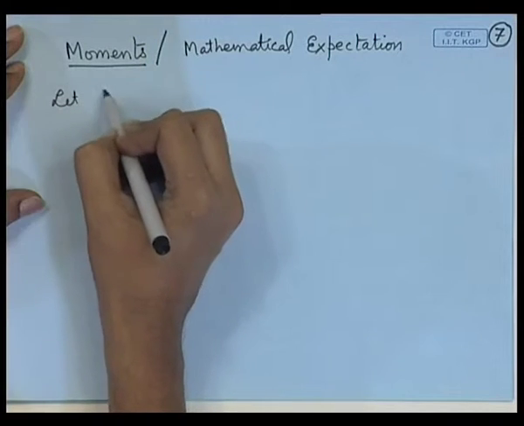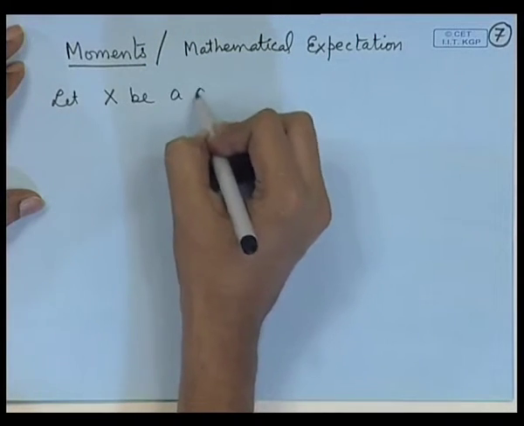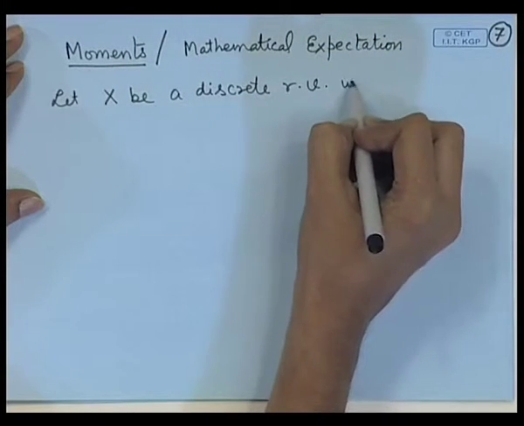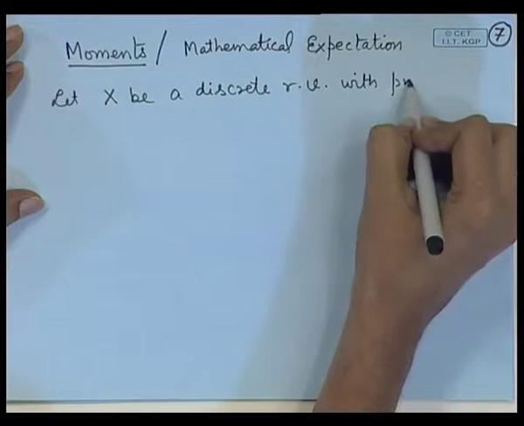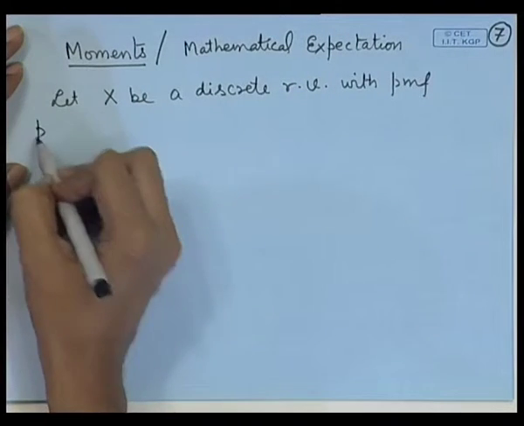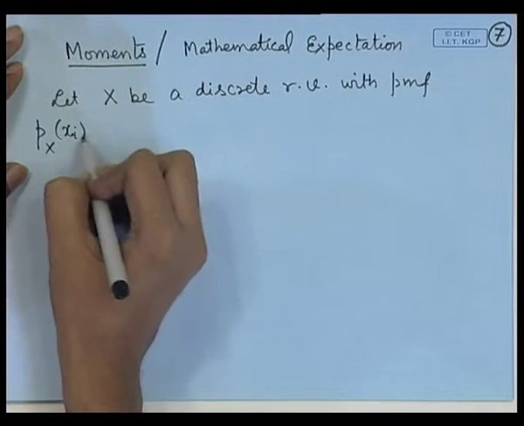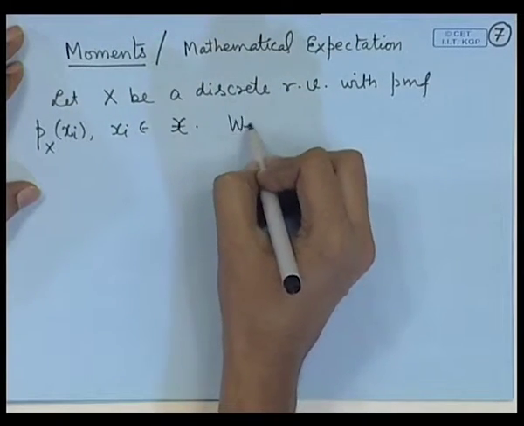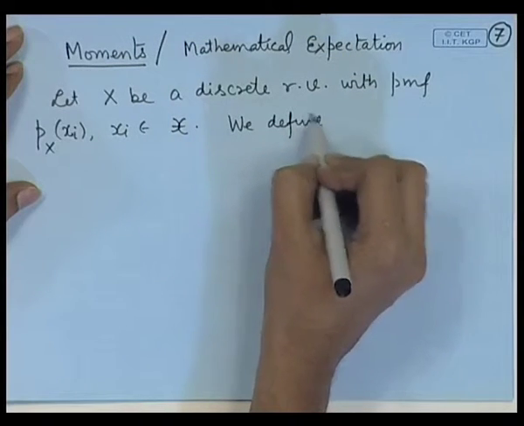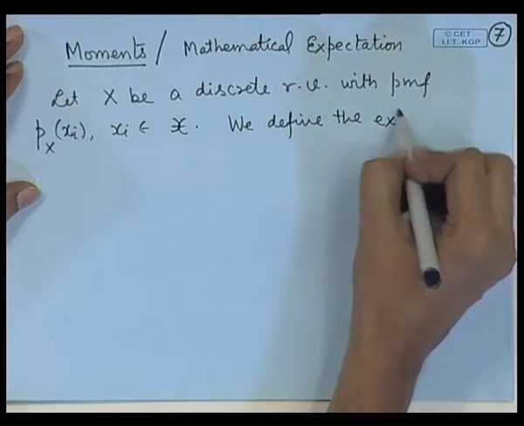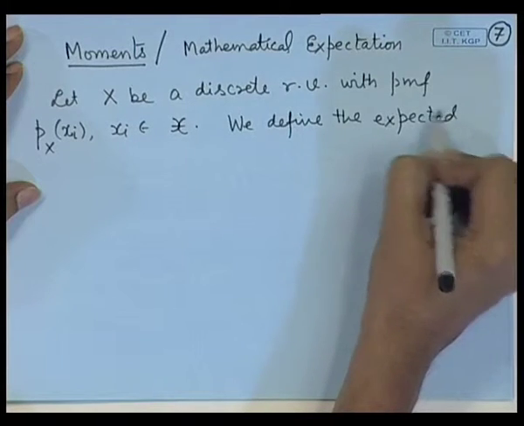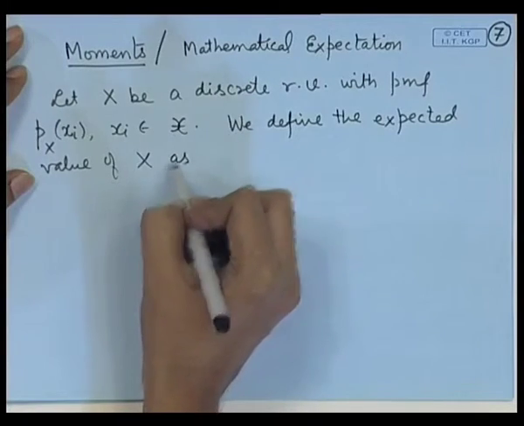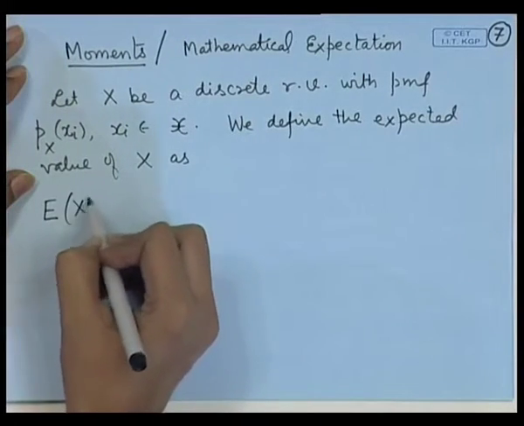Let x be a discrete random variable with probability mass function, say p_x(x_i) for x_i belonging to some set X. So, we define the expected value of x as E(x).